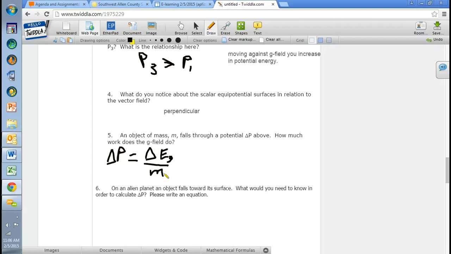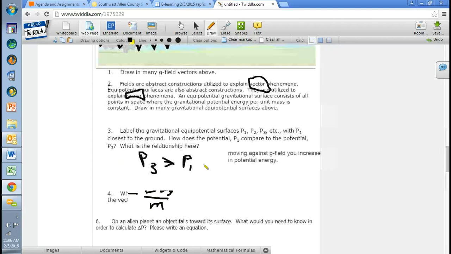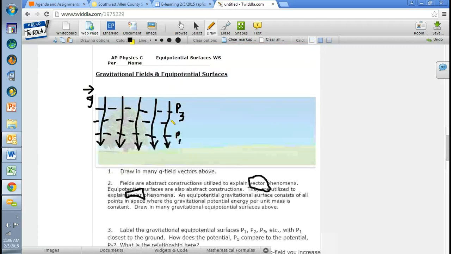Okay, one more thing I want to look at here. Do you see that when I go from P3 to P1, I'm decreasing the energy?